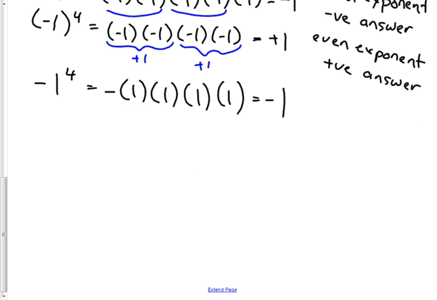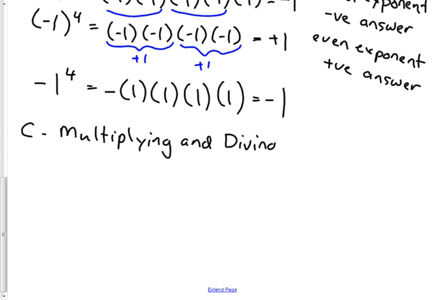So that's all I'm going to do today. You guys are responsible for filling in the rest of the boxes. So you're going to have another topic for box C where you are multiplying and dividing powers.